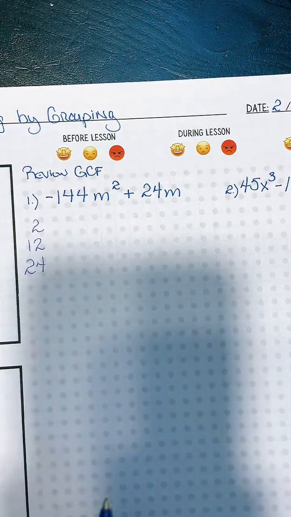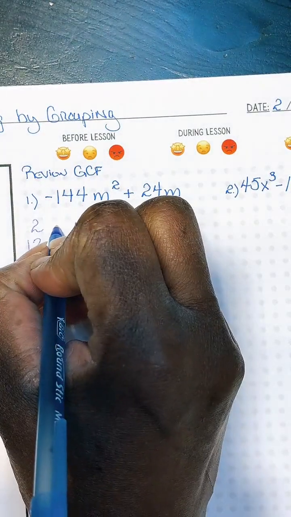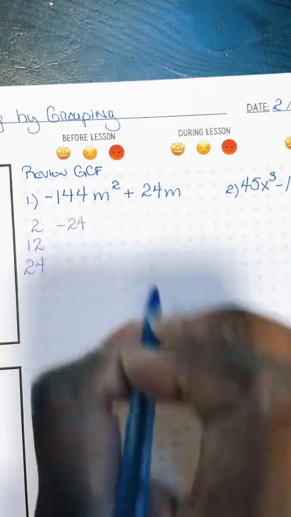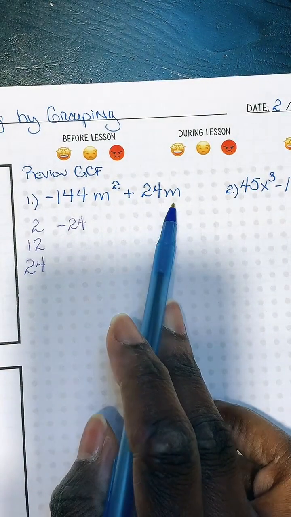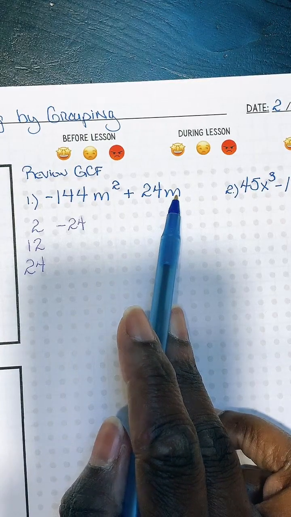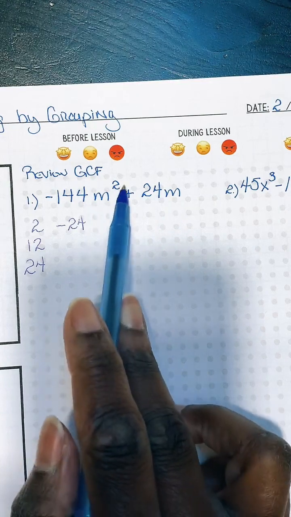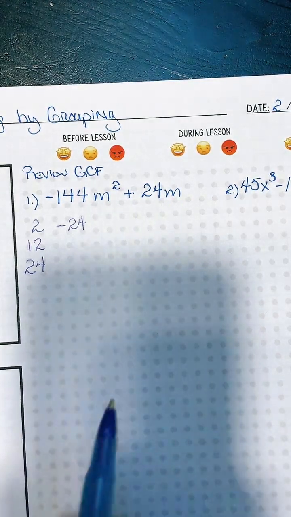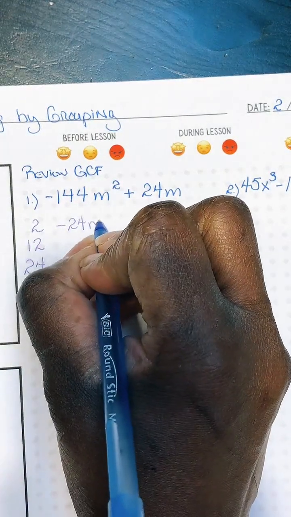Since it's negative, we can go with our negative 24. But let's look at the variables. We have an m squared and we have an m. So there's two m's here, there's one m there, so there is one m that they have in common.